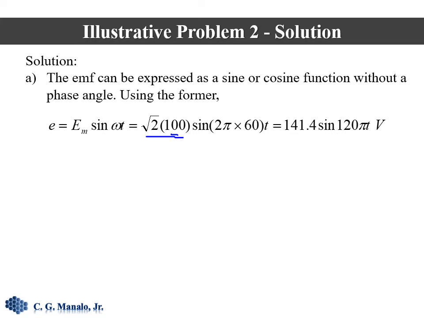So here I use a sine function, so sine omega t or sine 2 pi f t, where f is 60. So this will be our sinusoidal expression for the voltage source of the RLC circuit.